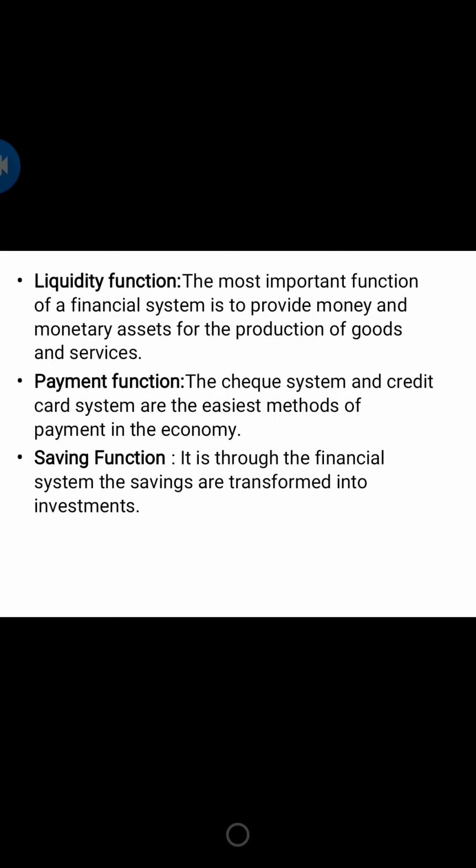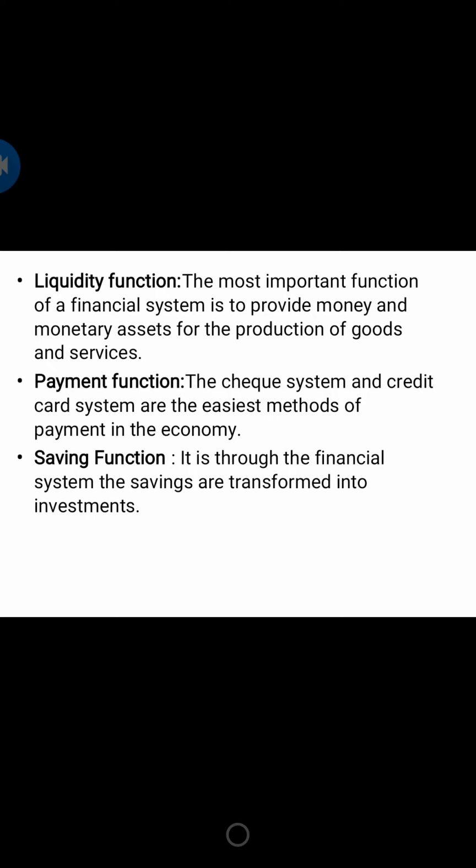The next function we see here is the payment function. So we have the check system, we have the credit card system. These are the easiest methods of payment in the economy. So the financial system offers a very convenient mode of payment for goods and services. You are going to purchase a good, you have to pay for it. So how are we going to pay?